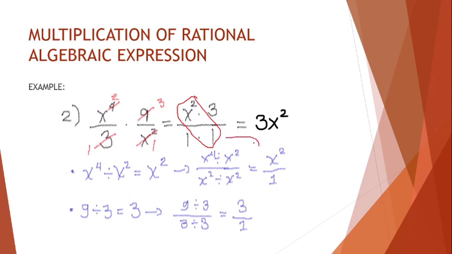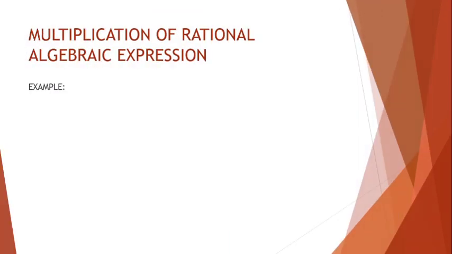Then, the another one is 3 over 1. Ngayon, combine nyo lang to. Sinimplify na natin, kaya simply indicate that 3x squared is the correct or the final answer.